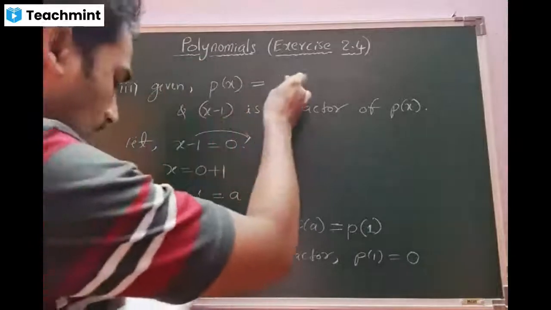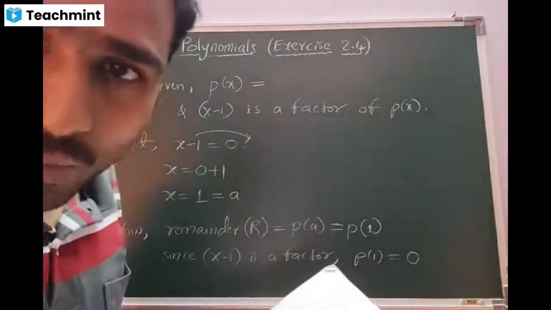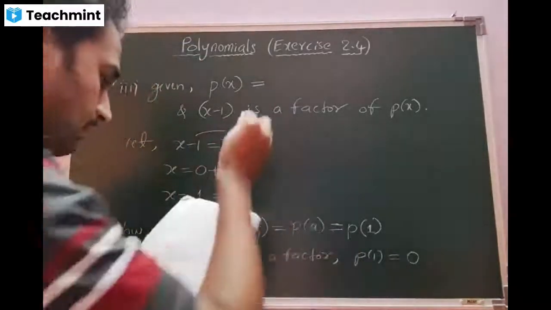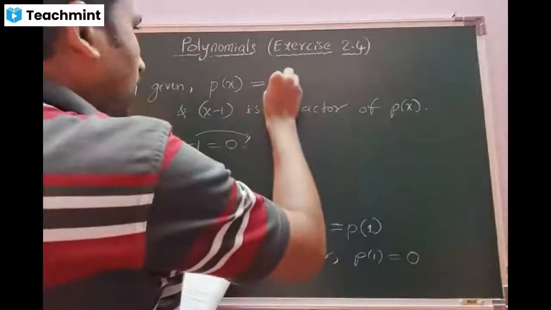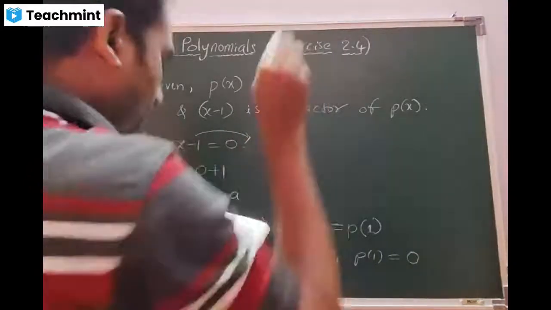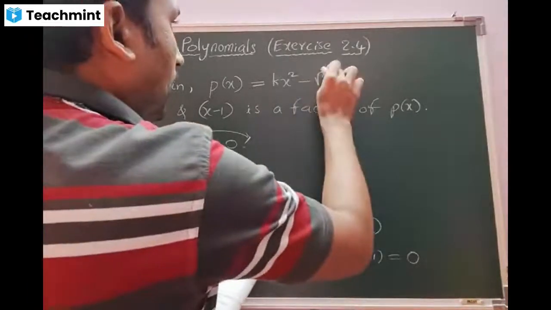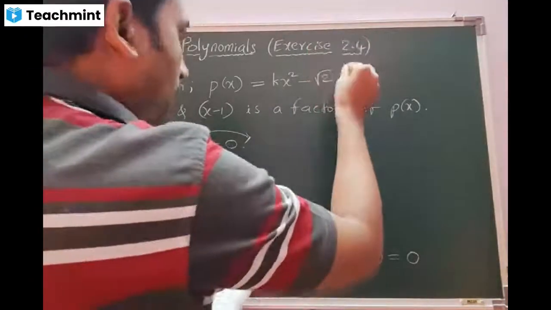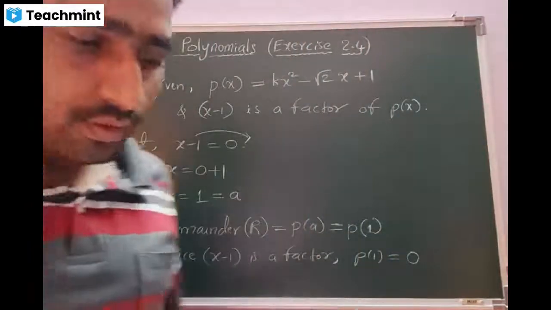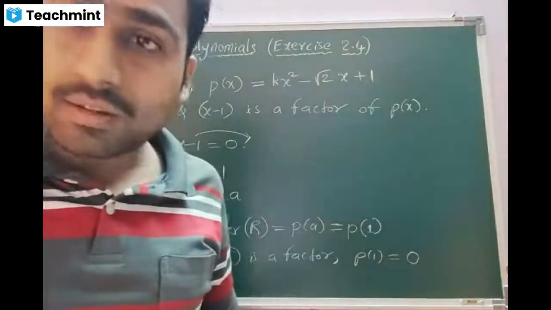Given P of x. Muskan, read it, beta, what they have given. P of x is equal to kx square minus root 2x plus 1. Students, look at the question. Third main, third one.